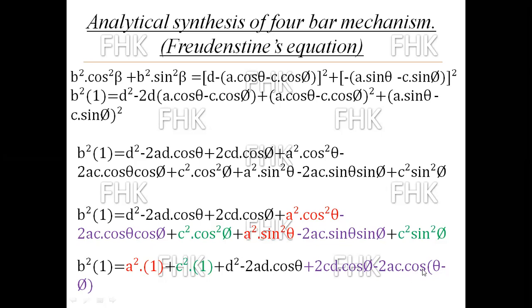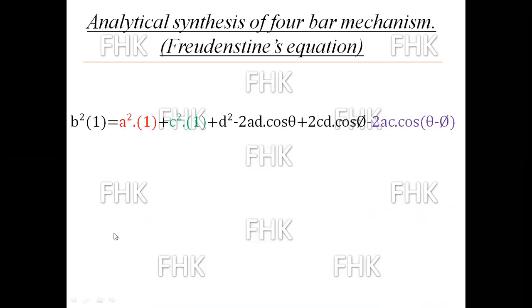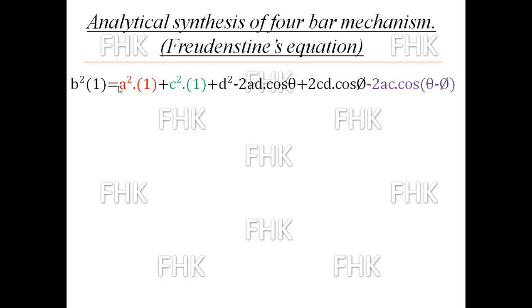This will become cos a minus b, so cos theta minus phi. So again rearranging the terms, b square is equal to a square plus c square plus d square minus 2ad cos theta plus 2cd cos phi minus 2ac cos theta minus phi.